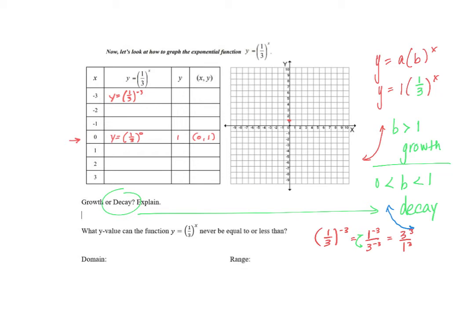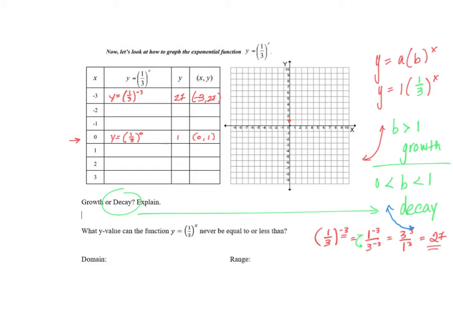Now, we all know 3 cubed is 27, 1 cubed is 1. So what I did with this negative exponent here is I actually took the reciprocal of my output. So 27 is going to be the value that I end up with when I raise 1/3 to negative 3. So my output here is going to be 27, and that gives me (-3, 27) as my point.